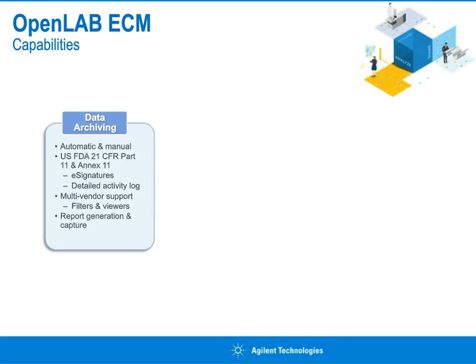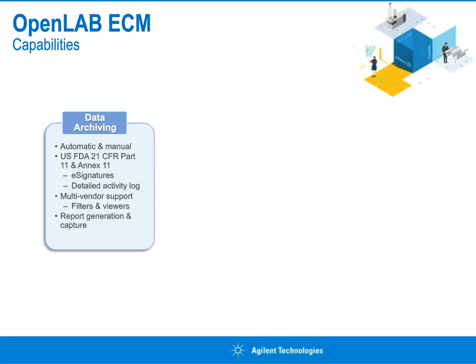Further enhancing the process are filtering and metadata extraction capabilities that are used for subsequent search and retrieval. By combining report generation and capture along with electronic signatures and detailed activity logs, OpenLab ECM facilitates the process of compliance and reduces its overall cost to your organization.